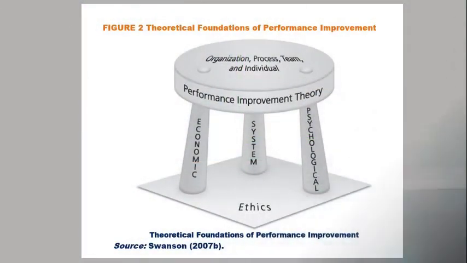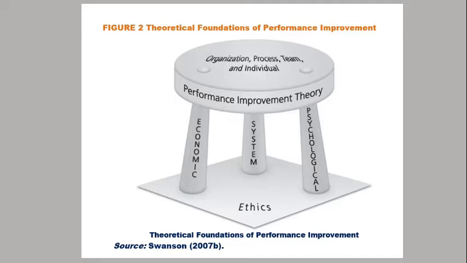And I'll just show you on the screen here a diagram that represents this kind of approach. If you are interested in performance management or performance improvement theory, and you want to put together theory, ladies and gentlemen, I know that scholars have already done this. You can see that this theory borrows from a number of disciplines: economics, systems, psychology.